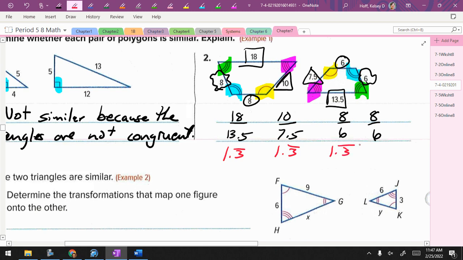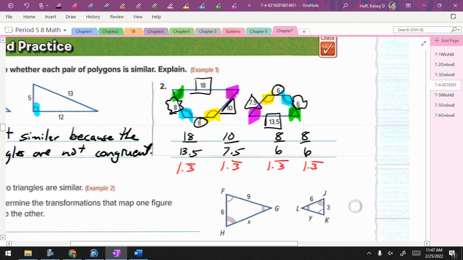How about the other 8 divided by 6? 1.3 repeating. So what did that just tell us? Not congruent, they are similar, because all the scale factors are the same, so these two polygons are similar.